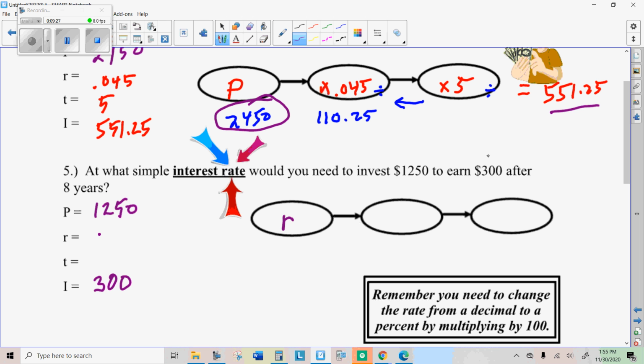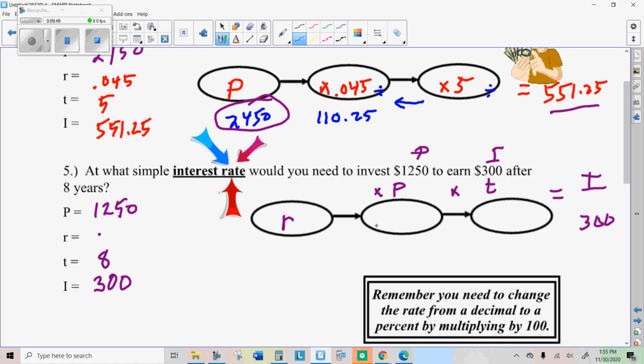That's I in this problem. And we know the time is 8 years. So my rate times my principal times my time will equal my interest, which is 300.